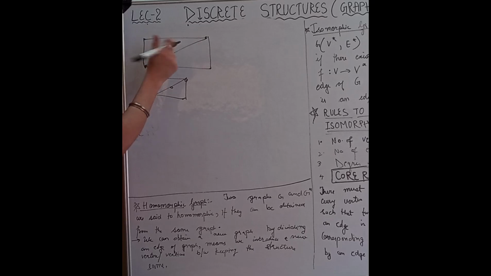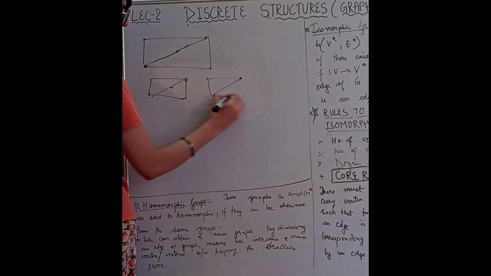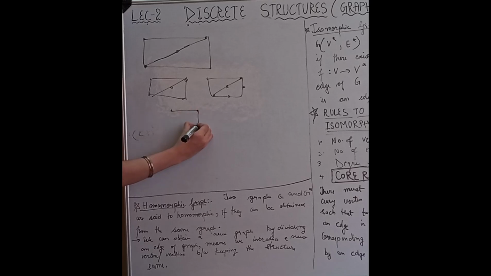We can divide the edge by introducing a new vertex. So in this way we can find the homomorphic graph. We can introduce as many vertices as we want. Suppose I can make this a homomorphic graph, I can make this a homomorphic graph too.